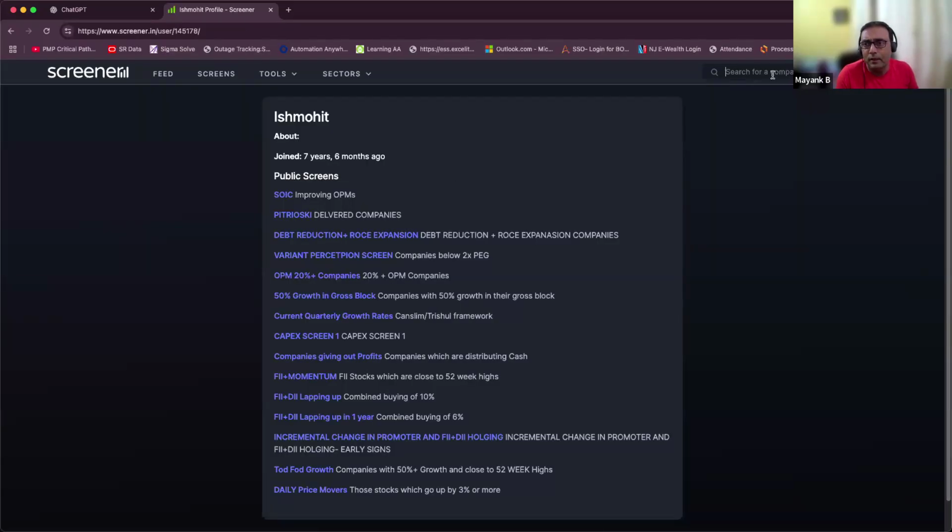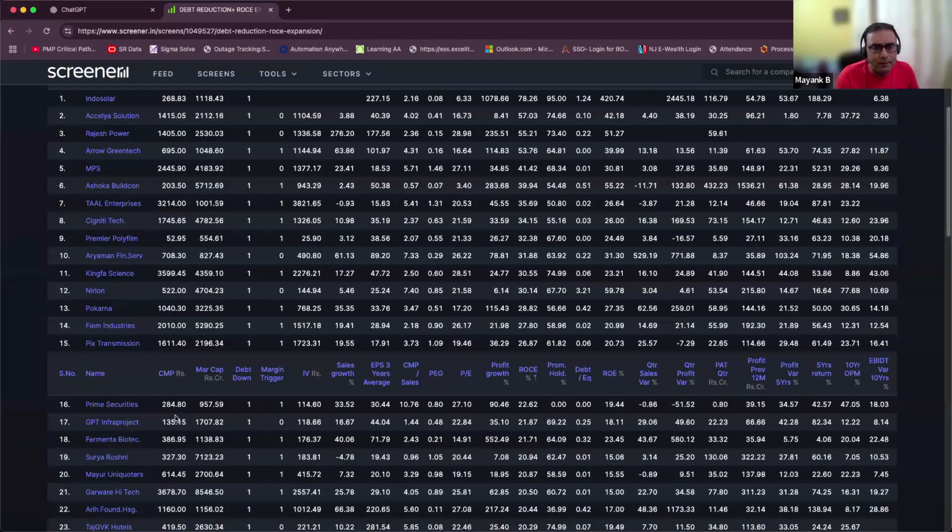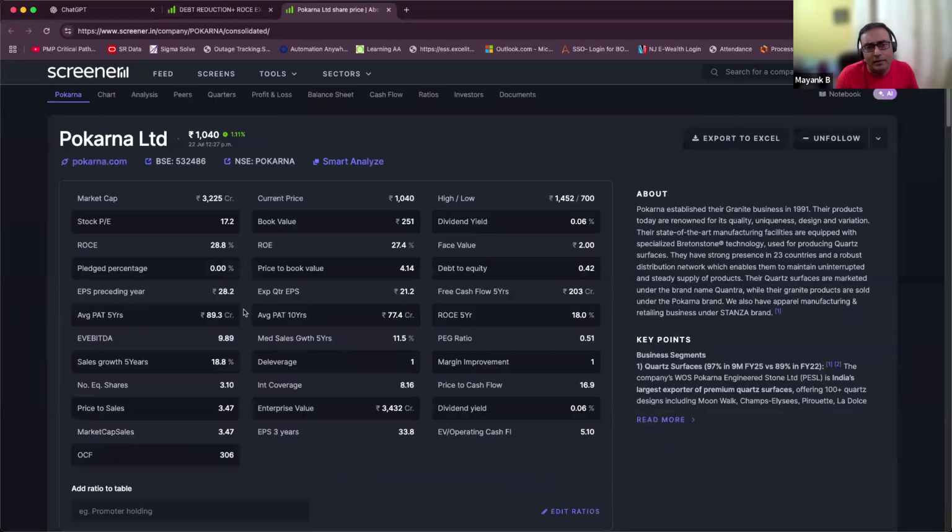So let's say, debt reduction. Let's take an example of this. And there is also a declarative LLM inbuilt by the Screener team. What does declarative AI mean?